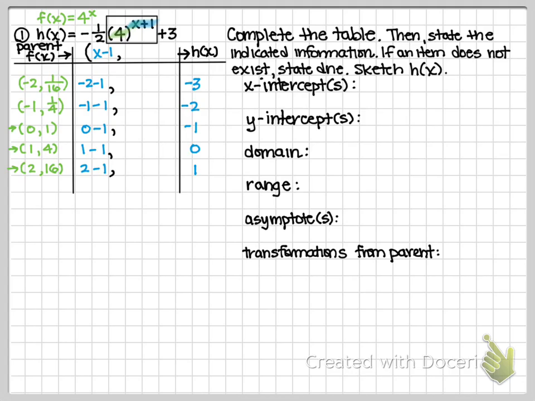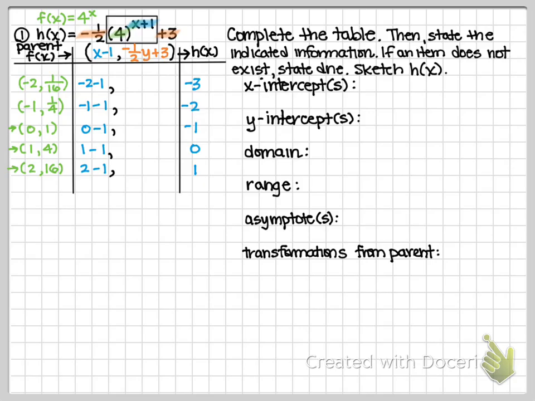Everything else is stuff that applies to the y. So I'm going to have this negative 1/2 times my y value, so the stuff that comes from the box, and then plus 3.